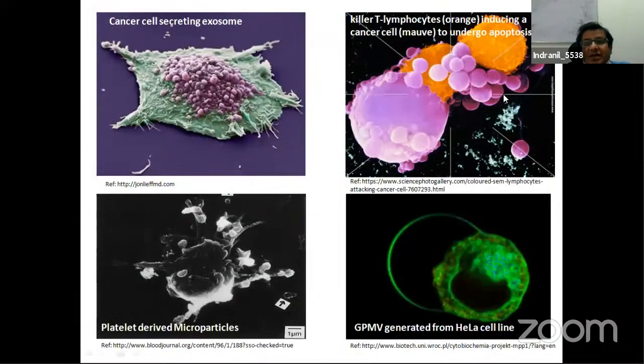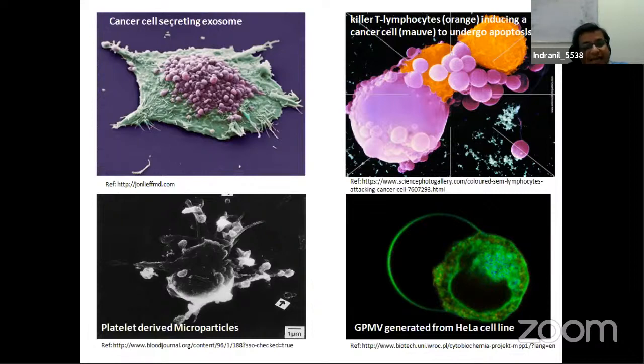Now here are some of the images. The first one is a cancer cell secreting these exosomes. Just for the sake of information, I can tell you that exosomes have often been used for intercellular communication. One cancer cell secretes some exosomes, and those exosomes are taken up by either other cancer cells or other cells present in the cancer microenvironment.